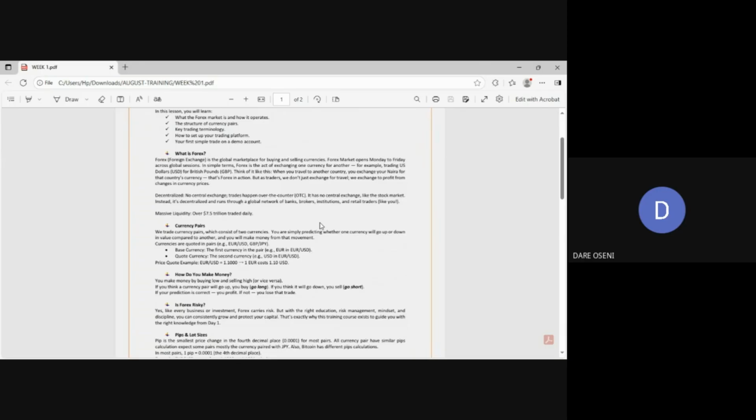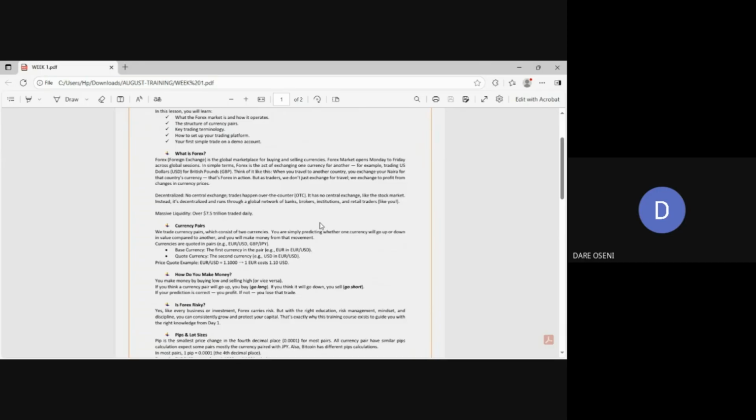And I am selling to you. So selling and buying is always going on at the same time in forex trading. But the way we make our money in forex trading is just the changes in price. That is what we make our money from.